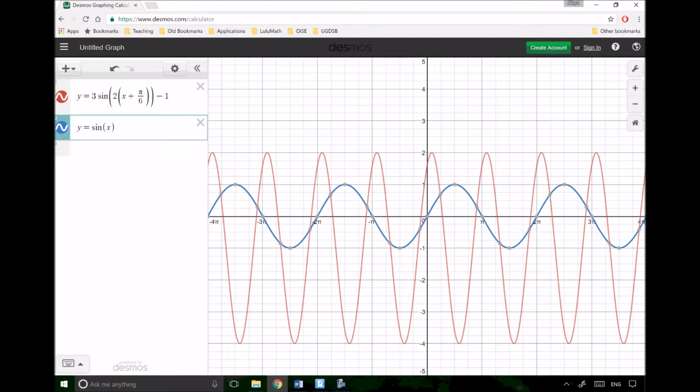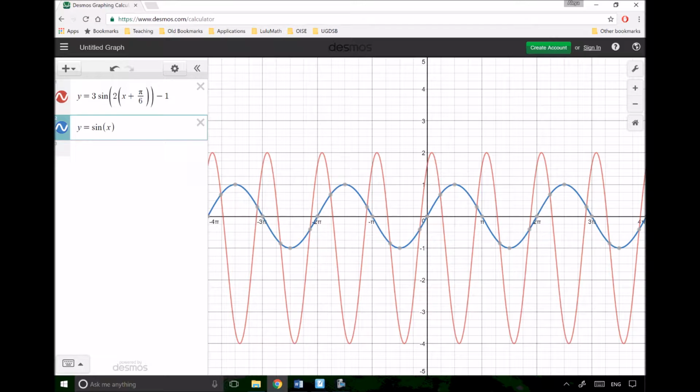When I look at it right here, we know that our sine function starts at the origin, then it increases, and then it decreases, and then it brings us back to the x-axis at 2 pi. So we know that it completes one full cycle in 2 pi. Okay, so now let's look at this right here.